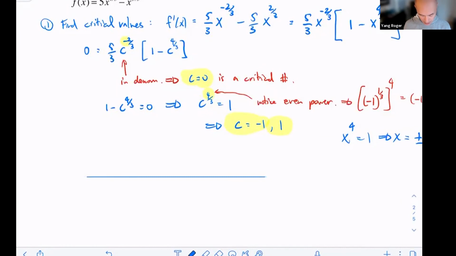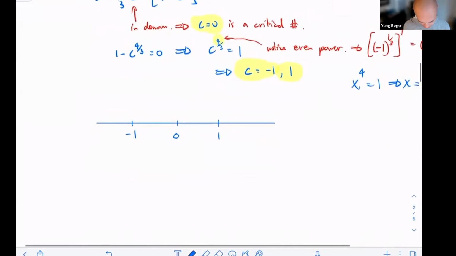So I'm going to label my critical values, which would be 0, 1, and -1, like this. And then we can choose some test points.